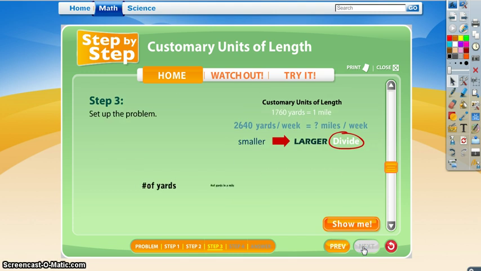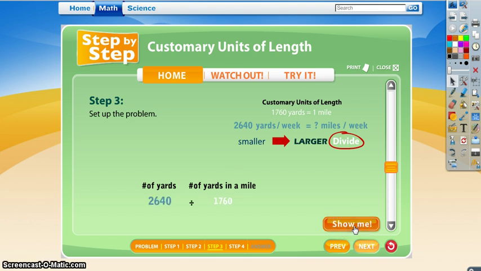Now, solve the problem. We'll divide 2,640 by 1,760 to find out how many miles RJ ran each week. Okay, we're doing that because of this right here. There's 1,760 yards in a mile.